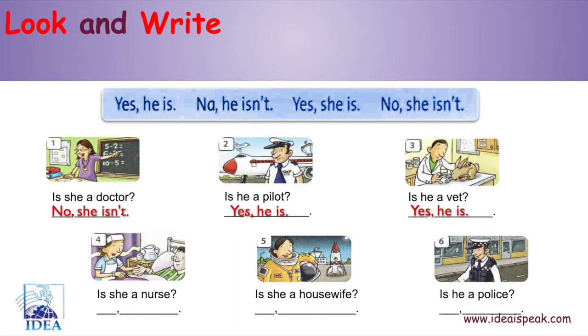Number 4. What do we see in the picture? We see a nurse. Is she a nurse? Yes, she is. Picture number 5. We see an astronaut. So the question is, is she a housewife?